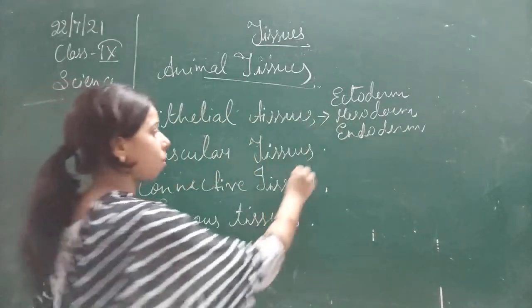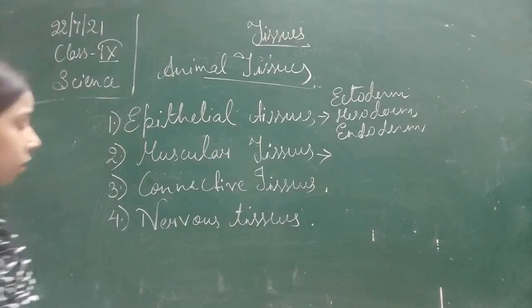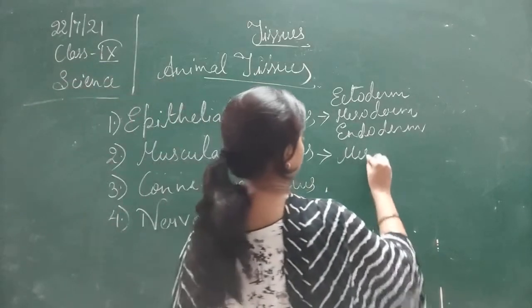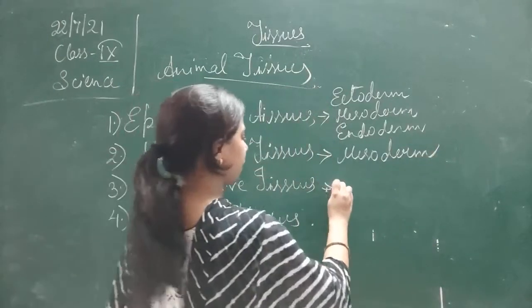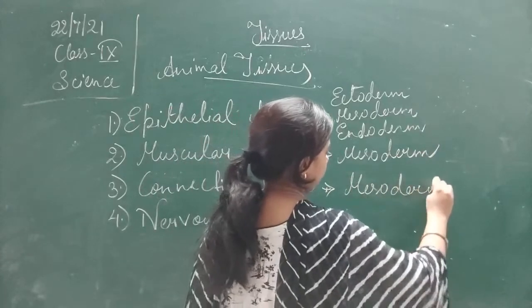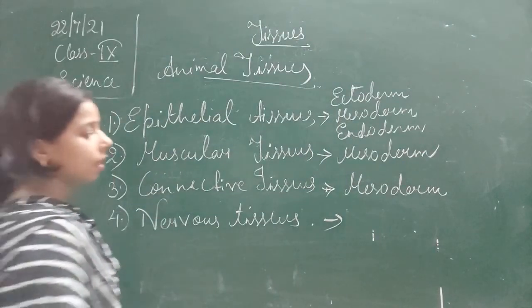While in case of muscular tissue, the origin is mesoderm. In case of a connective tissue, it is mesoderm again, while in case of a nervous tissue, it is ectoderm.